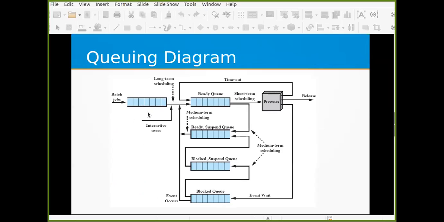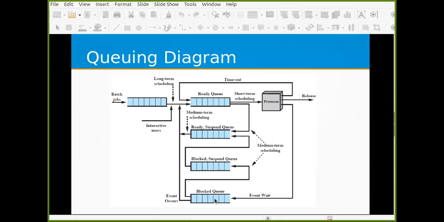Now you can see here, short-term scheduling is used when you need to dispatch a process from the ready queue to the processor. That is the dispatcher. Medium-term scheduling is used when a ready process moves to the ready suspend queue, or a ready suspend process moves to the ready queue. In any case, medium-term scheduling is used.